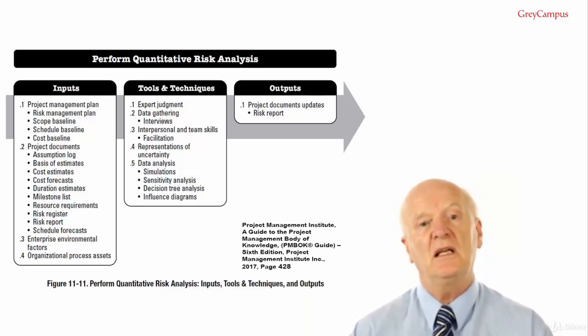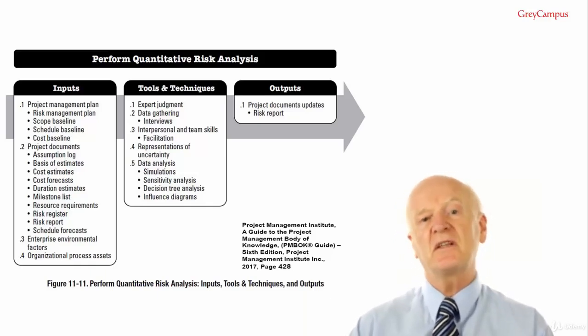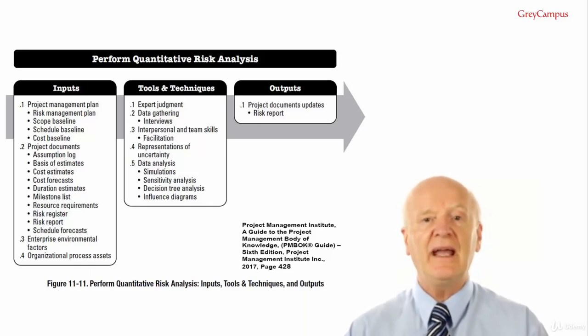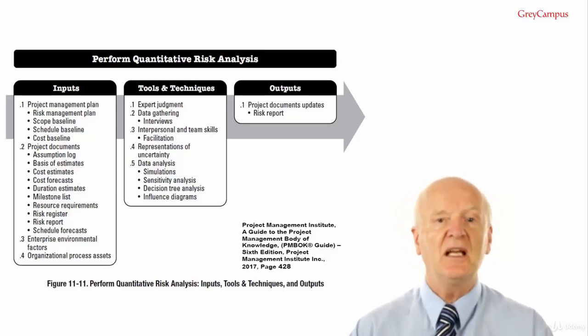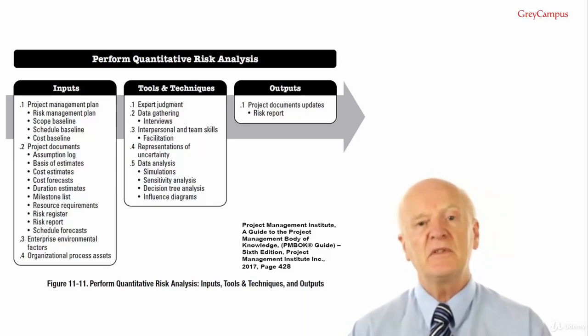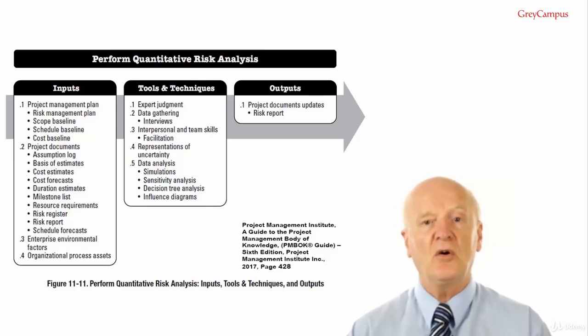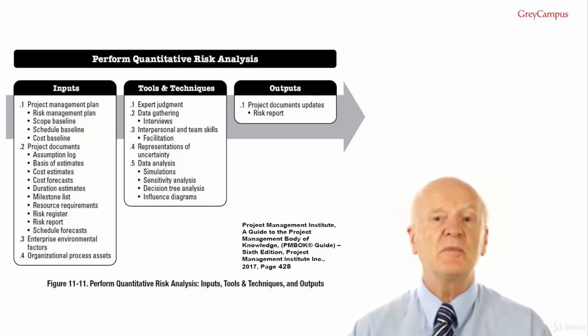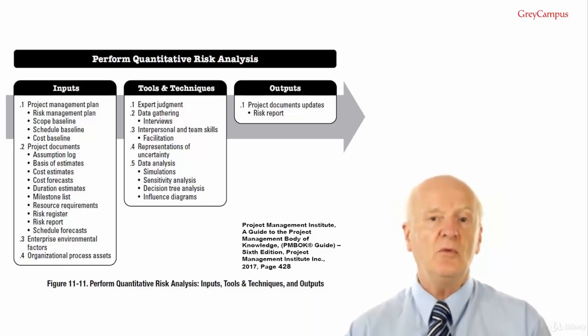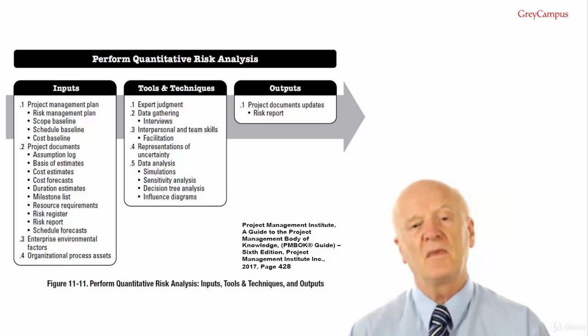Cost estimates, cost forecasts. Cost forecasts such as the project's estimate to complete, estimate at completion, budget at completion and to complete performance index may be compared to the results of the quantitative cost risk analysis to determine the confidence level associated with achieving these targets.